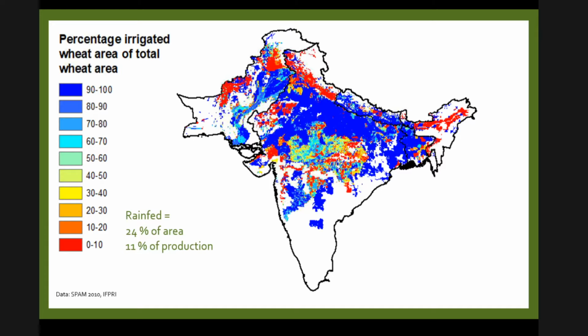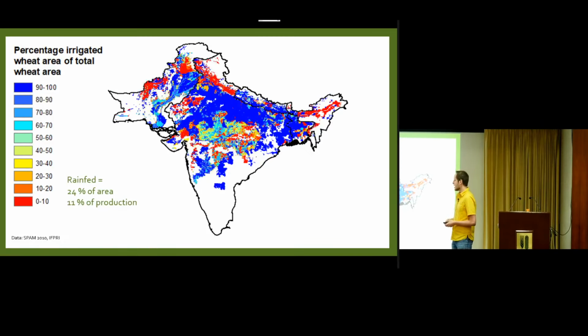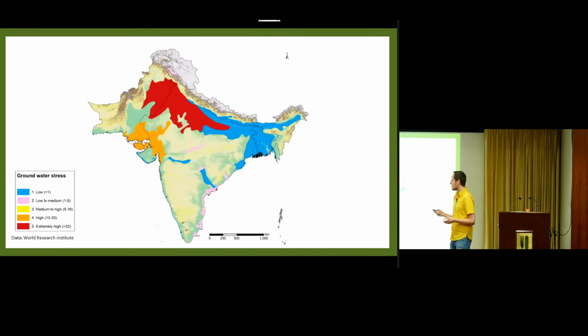So you can say that most of the wheat produced in this part of the world is under irrigated production. And this irrigation is really nice because it increases the yields a lot compared to rain-fed production, but it also causes some problems in some regions because more water is being extracted from the soil than is replenished. And this makes it harder and more expensive to pump up water for irrigation.